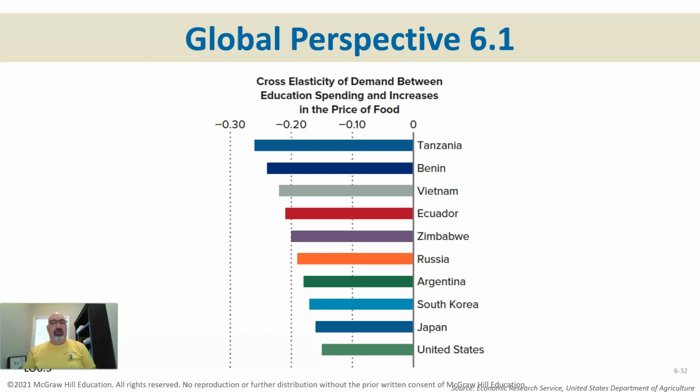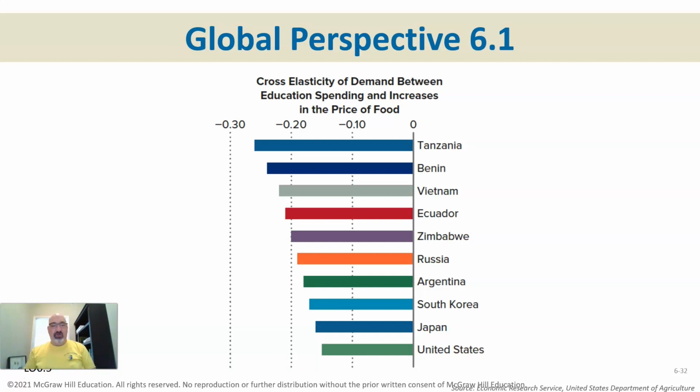So cross-price elasticity of demand between education spending and increases in the price of food. And here you go. Tanzania, negative, probably about 2.6 or so. Benin, about 2.4. Vietnam, about 2.2. Ecuador, about 2.1.